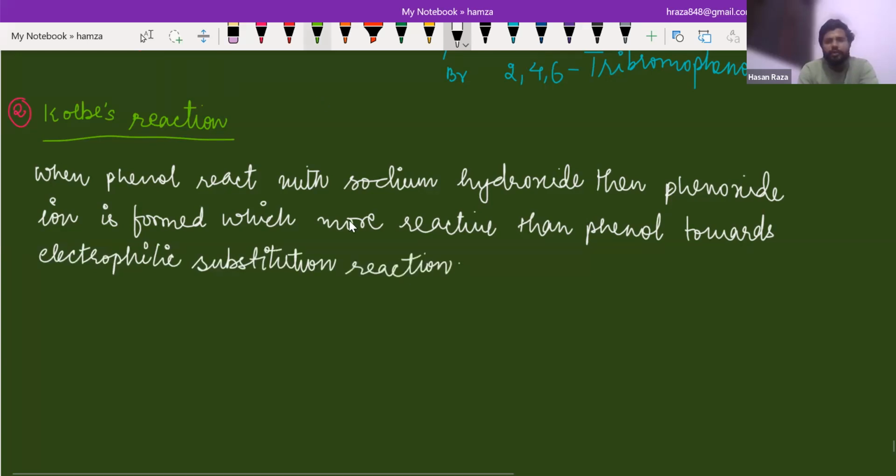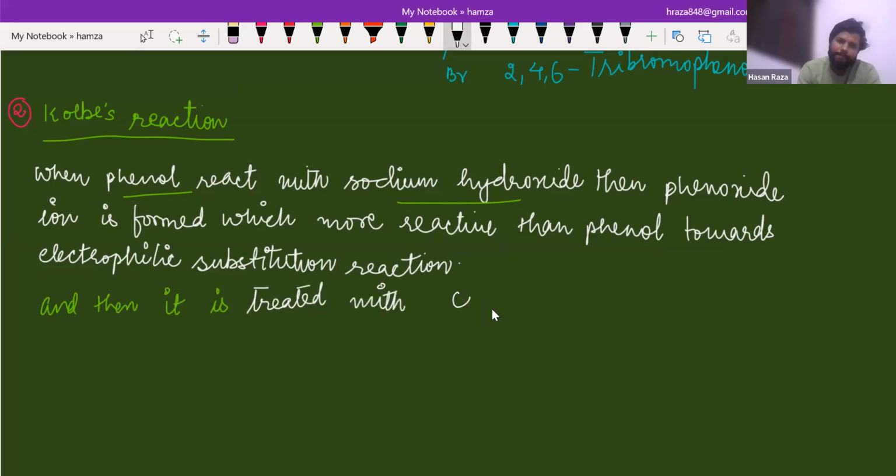Now when phenol is treated with sodium hydroxide, then a phenoxide ion is formed, which is more reactive than phenol towards electrophilic substitution reaction, and then it is treated with carbon dioxide, CO2. And CO2 is basically a weak electrophile.